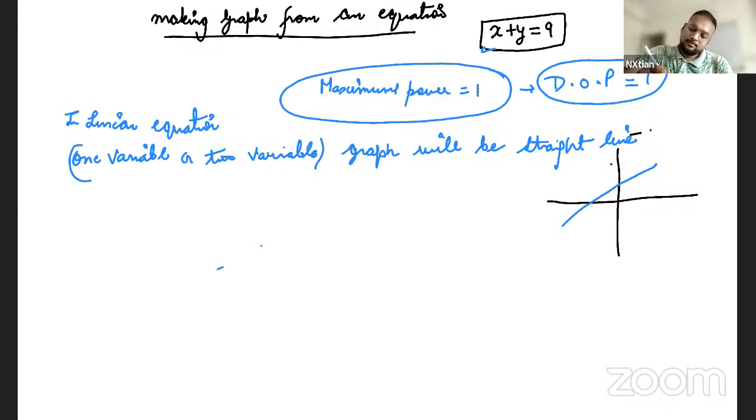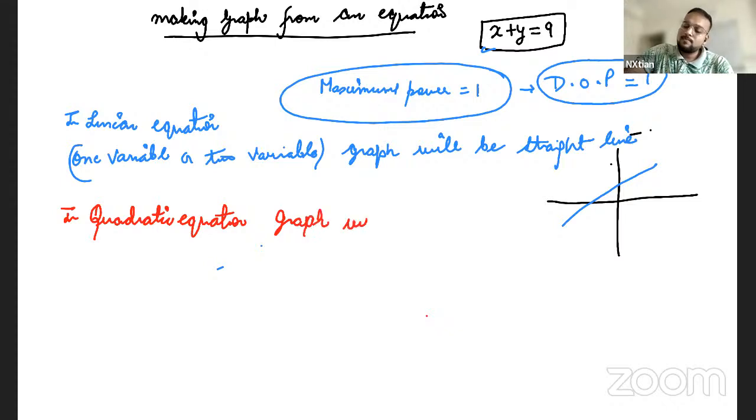Now the second one is the quadratic equation. In a quadratic equation, the graph will be a parabola.